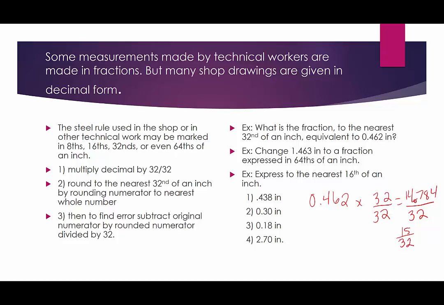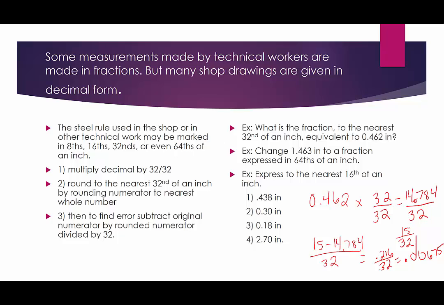And then you find your error by subtracting the original from this. So that means you're going to take 15 minus 14.784, all over 32. And so your error would be 0.216, and then we divide this by 32, and you'll end up with 0.00675.